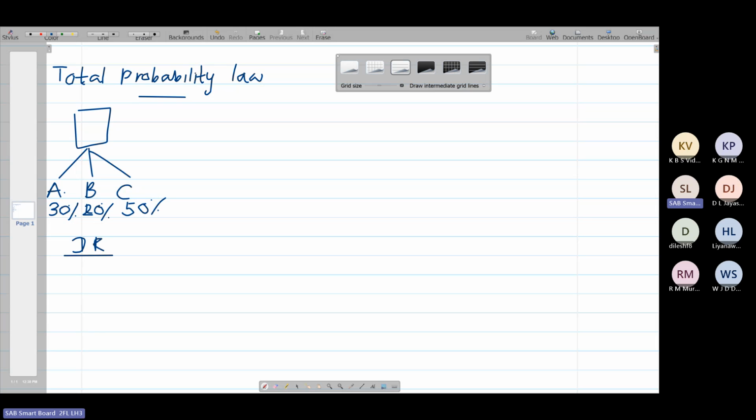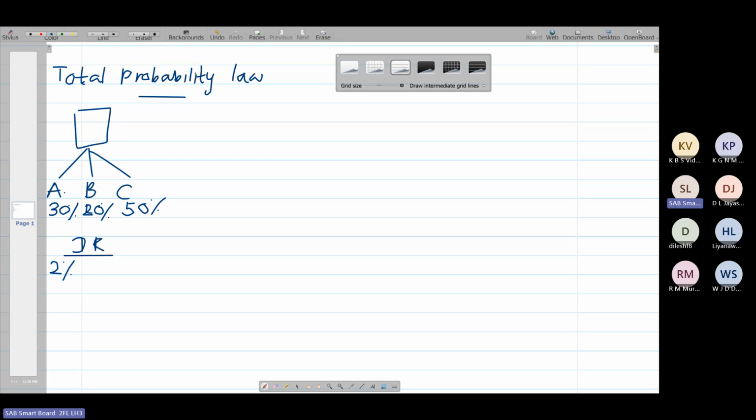Take the production lot produced by machine A. They can identify 2% of that product are defective. Defective means not good. There are some mistakes.